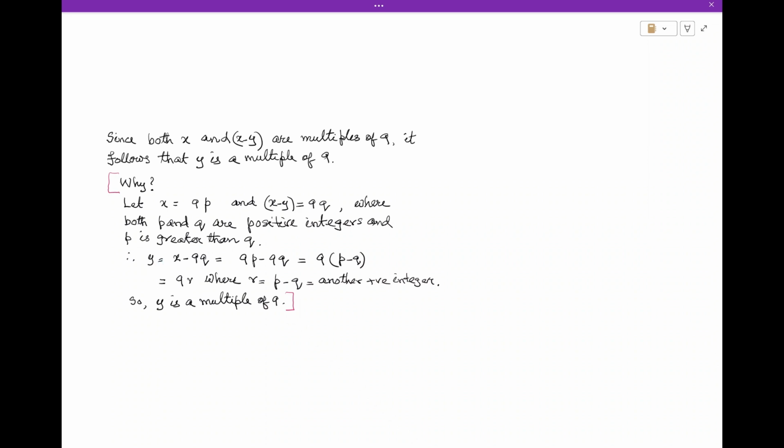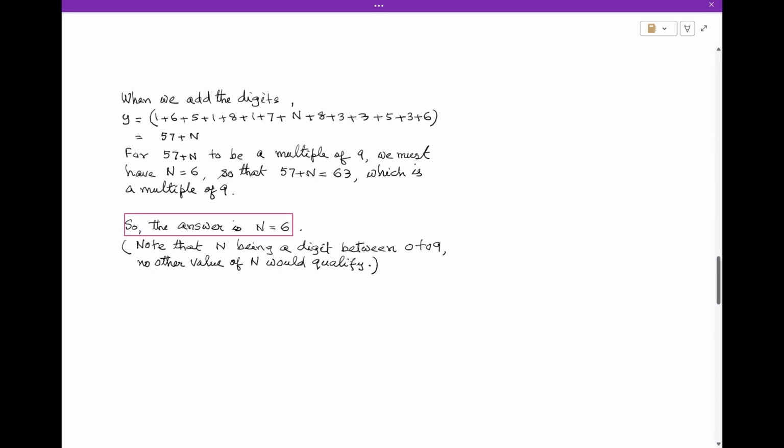Therefore, y is equal to x minus 9q, or x being 9p, y is equal to 9p minus 9q, that is 9 multiplied by (p minus q). Let us call p minus q as r, so that r is another integer, and we get y is equal to 9r. So we conclude that y is a multiple of 9.